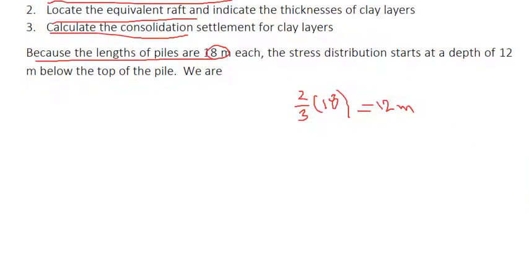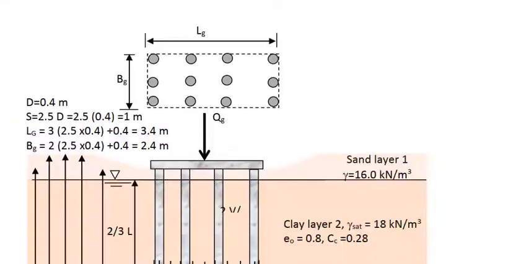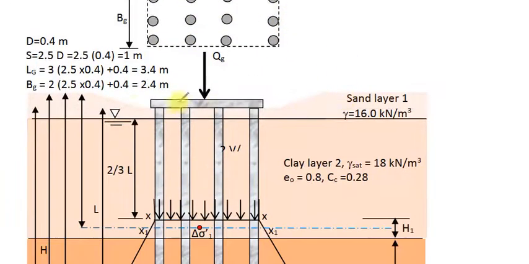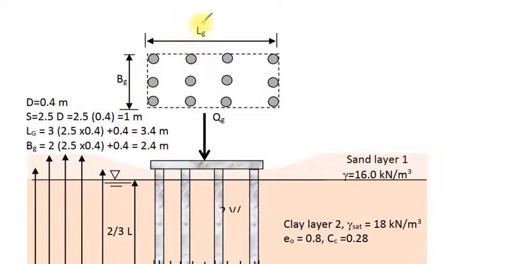Let us now show you the sketch of the problem. There are 3 rows of piles and 4 columns of piles. To calculate the length of the group, we take 3 times the spaces between piles, since the number of spaces is 4 piles minus 1, equal to 3.